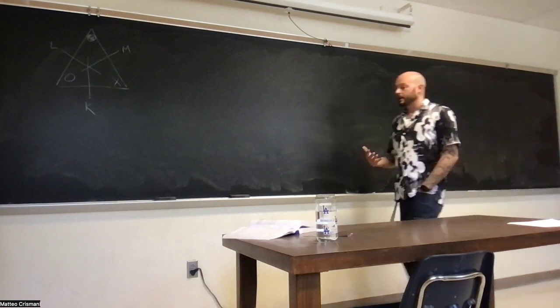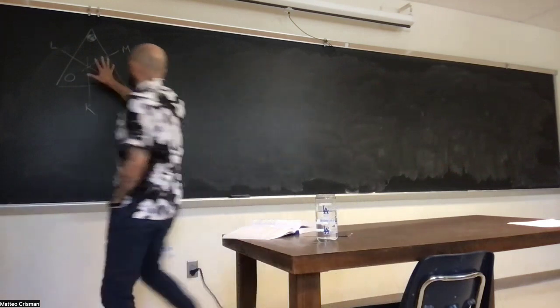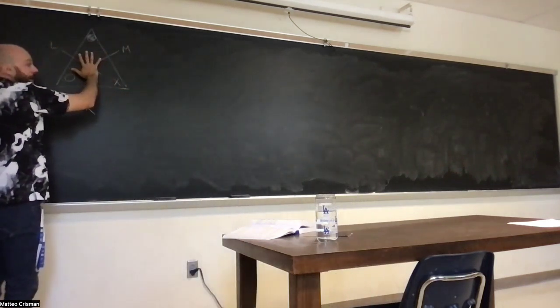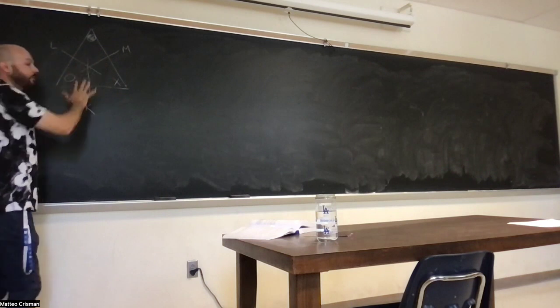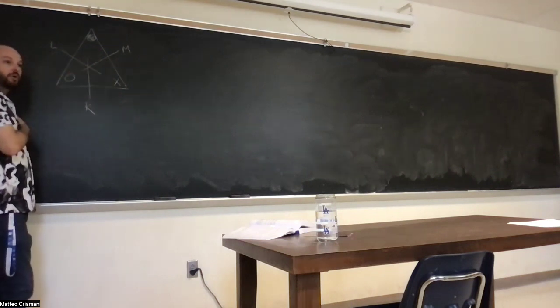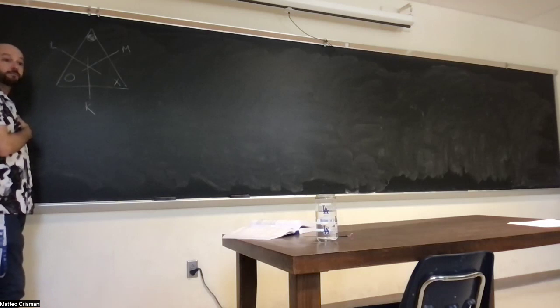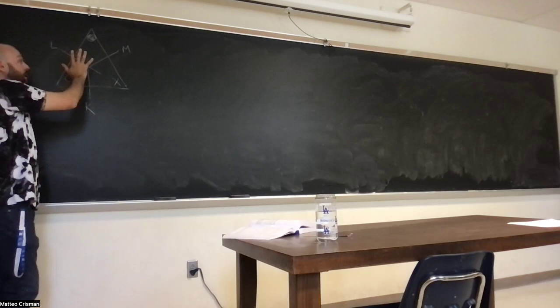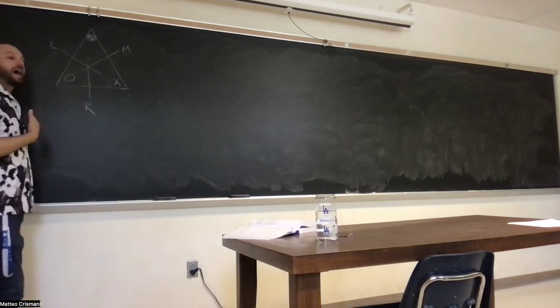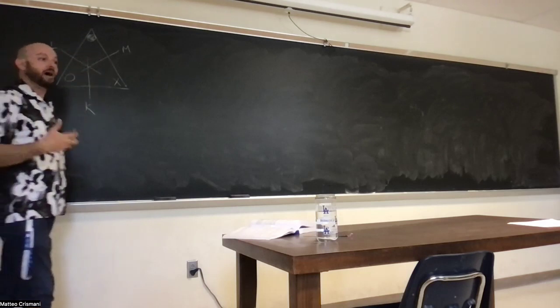You could rotate this triangle like 10 degrees, and that would not be part of the original set. So we can think of orientations or images of this triangle as elements of a set.